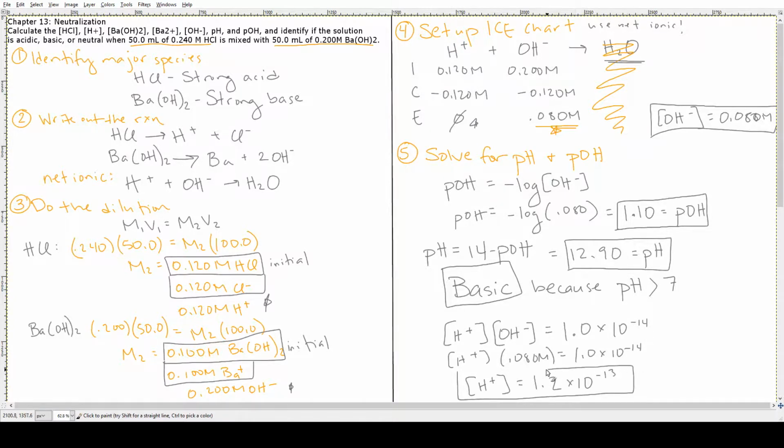And here you could add yourself a little annotation that says that these hydrogen ions came from the water. So there you go. That is how you do a neutralization reaction with a strong acid and a strong base.